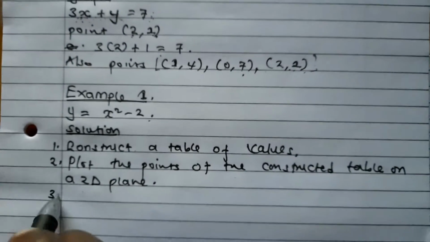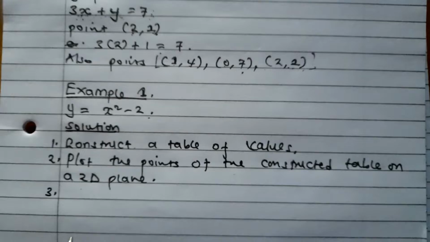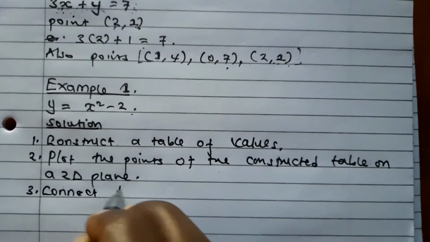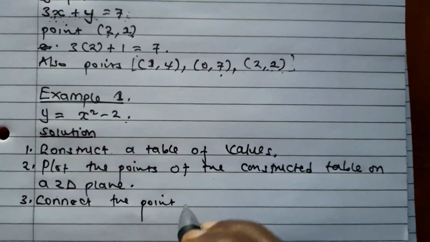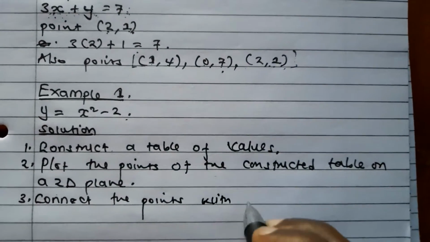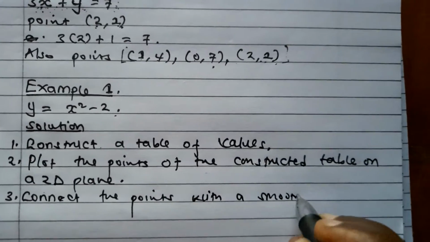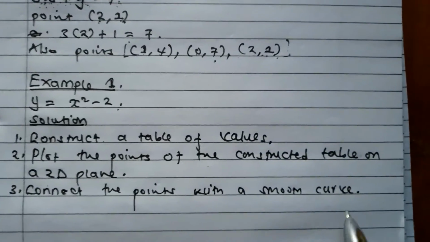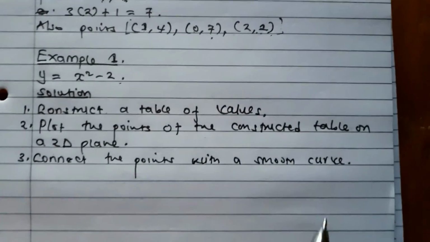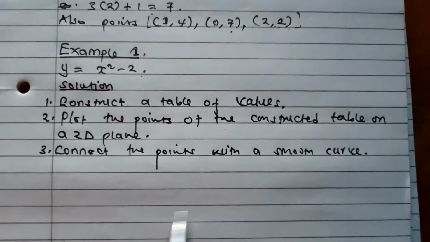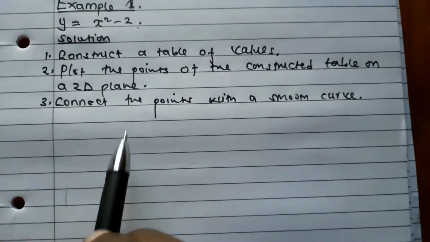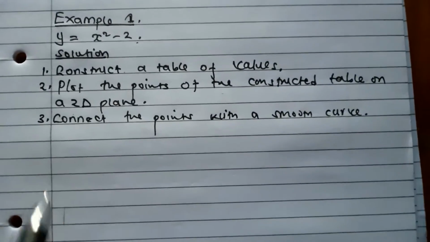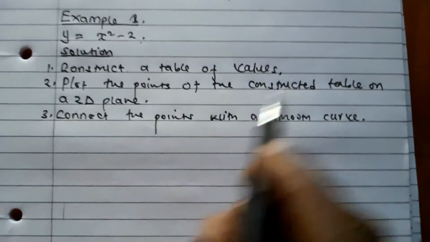And step number 3, we will connect the points with a smooth curve. That will be the last step in order to come up with the graph of this particular equation. So let's go to step number 1, constructing the table of values.